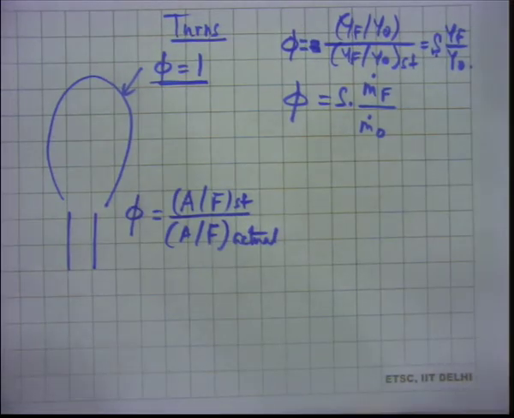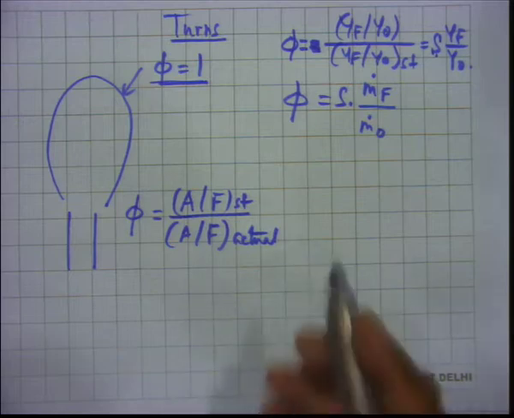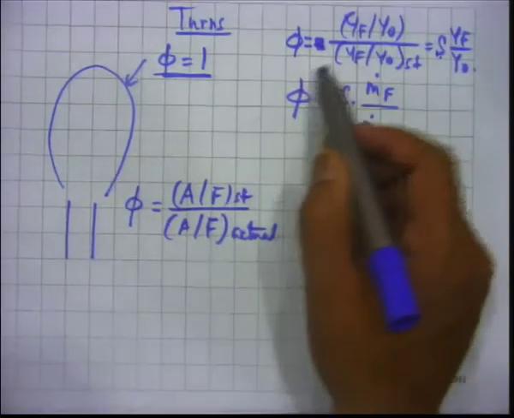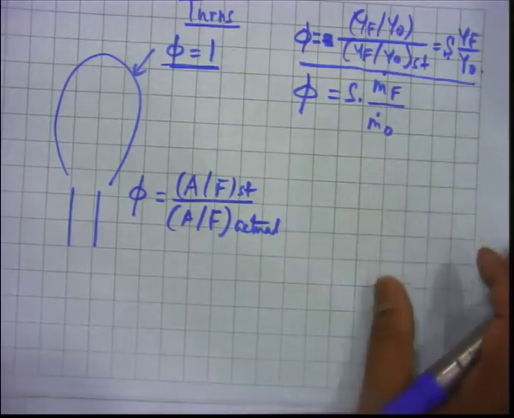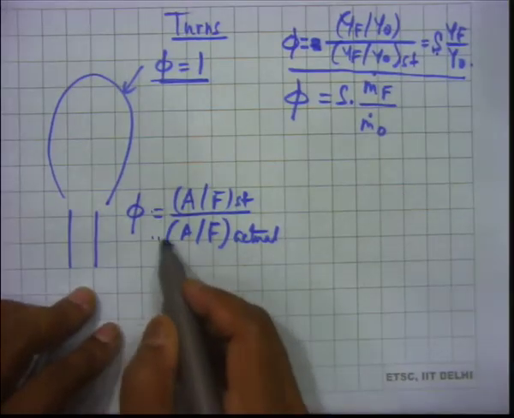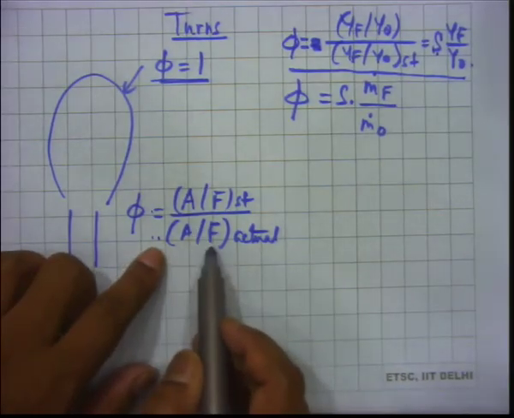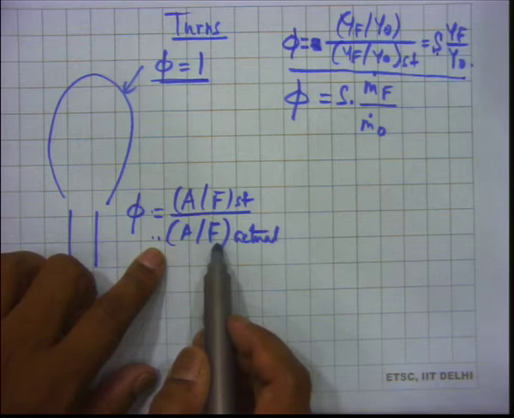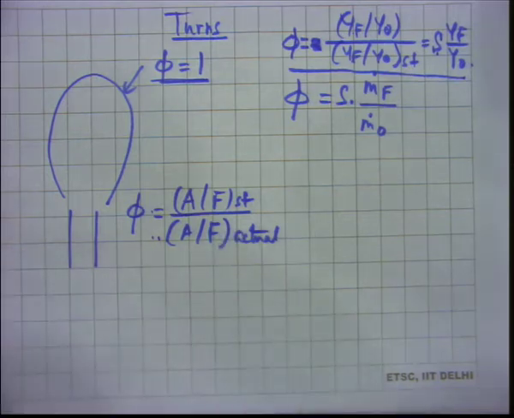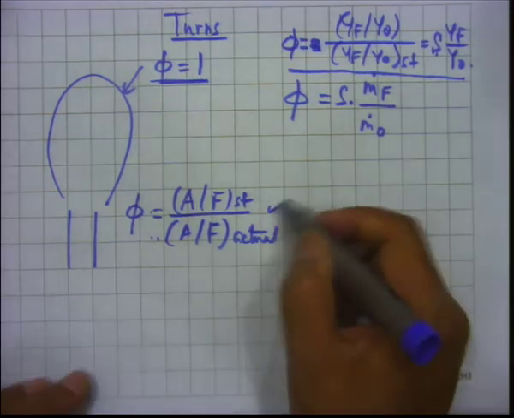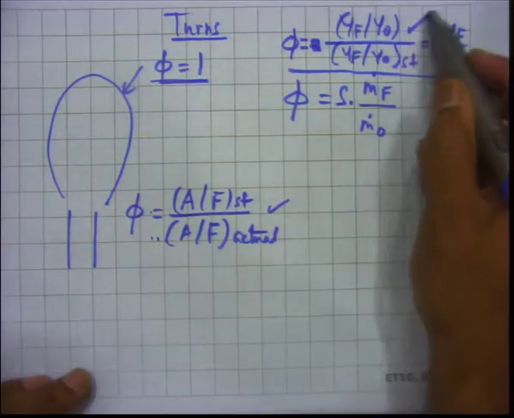Is it the global phi or is it the same? Yeah, I'll just come to that. Let's look at this one first, what we are most familiar with, what we did at the beginning of the semester. Is this correct? Does this give you phi greater than 1 for a rich mixture? Now let us see whether this and this are the same.